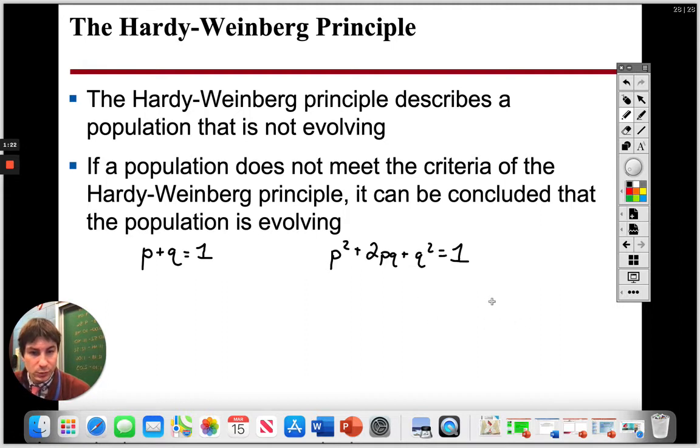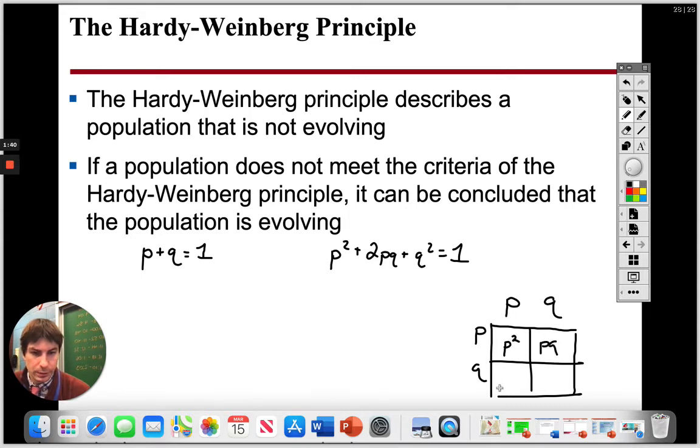And we use this one because we were able to do a Punnett square for two heterozygous individuals, where P and P here would be P squared. This right here would be PQ, PQ, and Q squared.